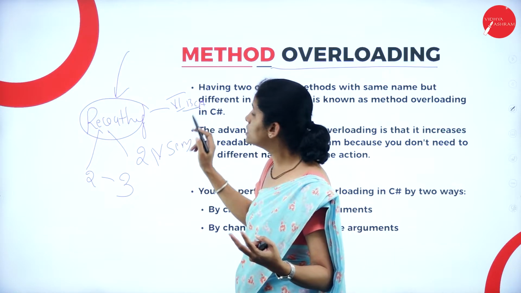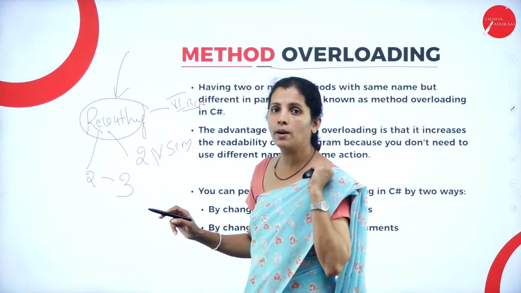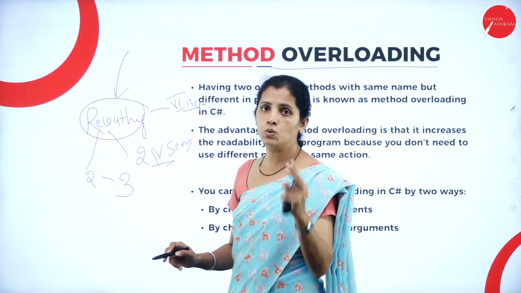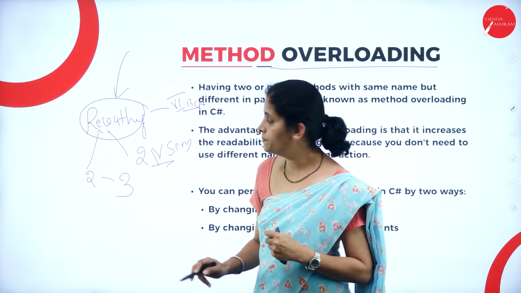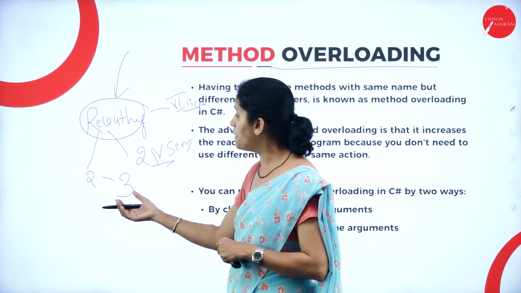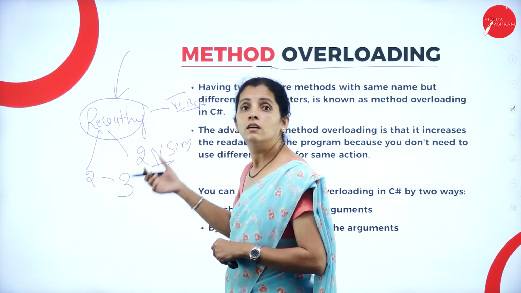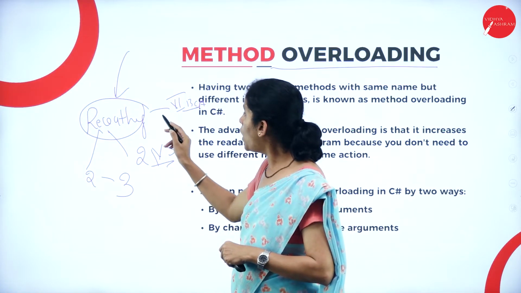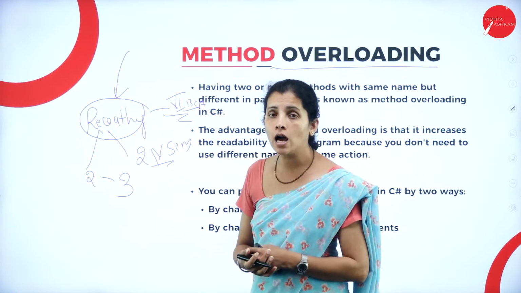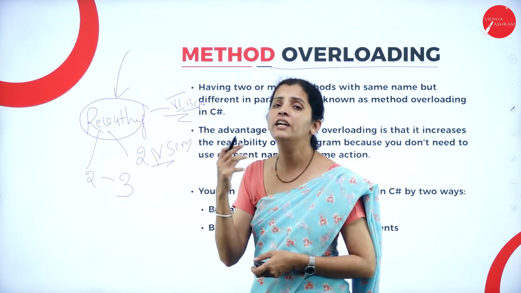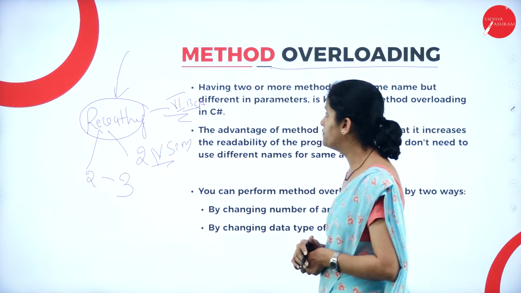Then what about parameters? If I consider the first one, 1 subject, 1 parameter. And if I consider the second example, 2 subjects, 2 parameters. And the third example, 3 parameters. And all the subjects vary, so I can have different data types.